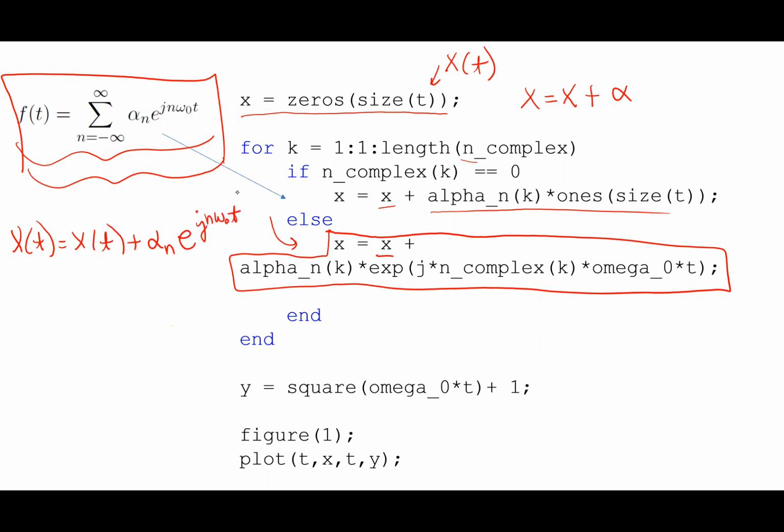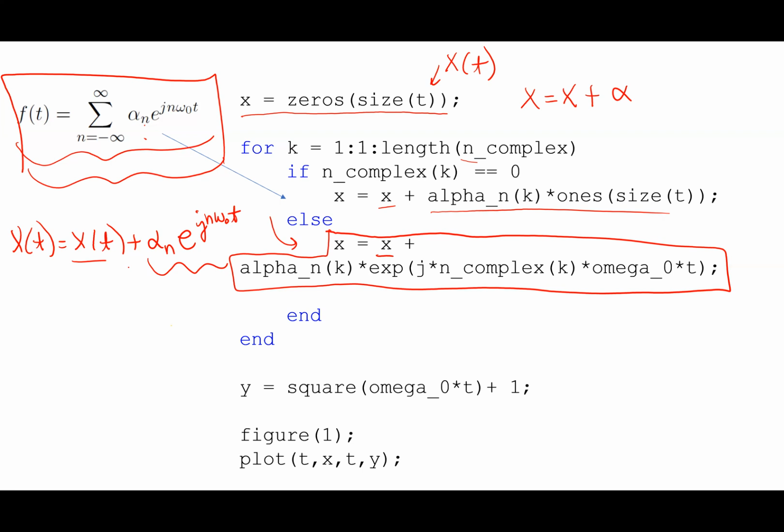And I'm looping through my n values. So that's going to build up this thing, right? So if you think about what this summation means, every time I run through this summation for a new value of n, I'm adding in alpha of n e to the j n omega naught t. I do that for n equal to 1, and then for n equal to 2, and then for n equal to 3. And every time I go through that, I add on to whatever I already have. All right, that's what this expression here is doing.